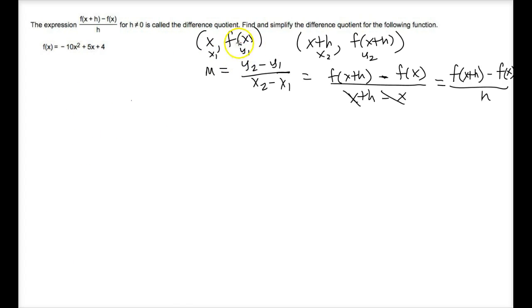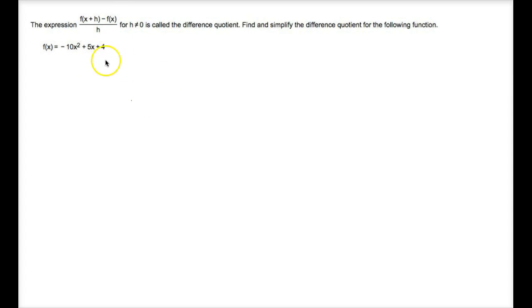I'm going to go ahead and clear this, and then after that we'll go through figuring out what this particular expression will be if our function is negative 10x squared plus 5x plus 4. There are normally a couple of different ways that people evaluate this. One way is to do this all together, and another way is to do it piece by piece.